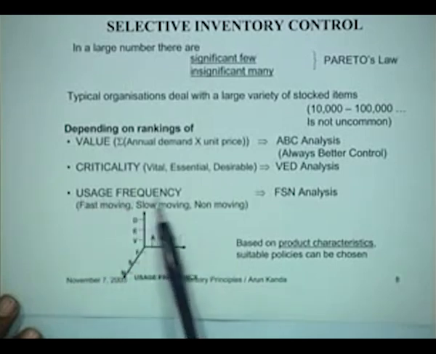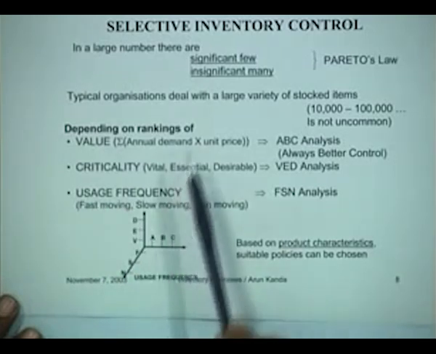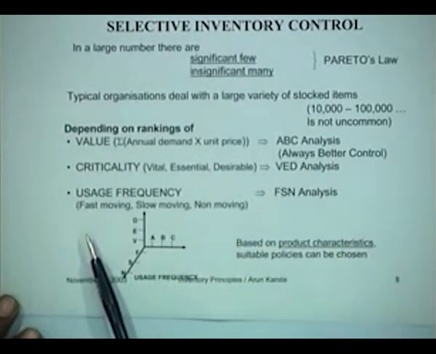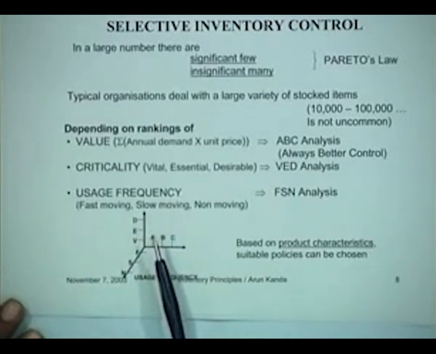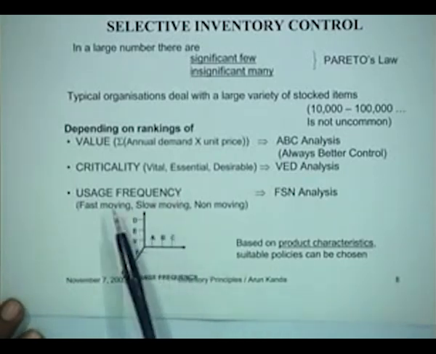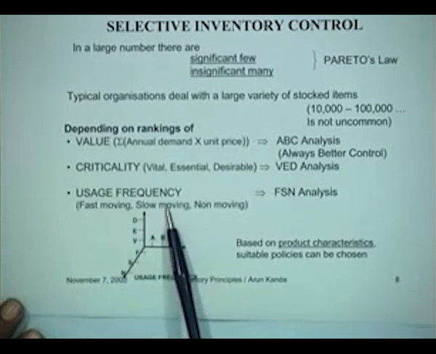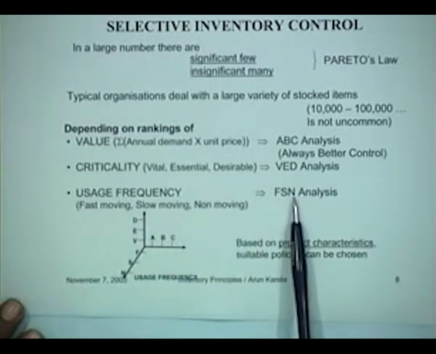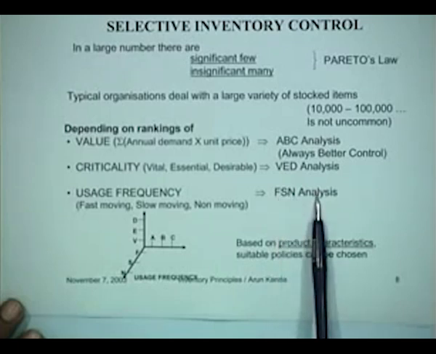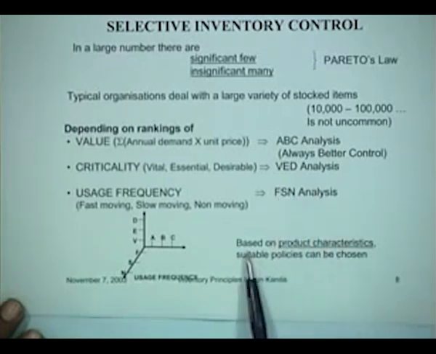The third thing normally talked about in selective inventory control is usage frequency. Here you talk about fast moving items, slow moving items, and non-moving items. This is known as FSN analysis. Based on the product characteristics, suitable policies can be chosen for these items.